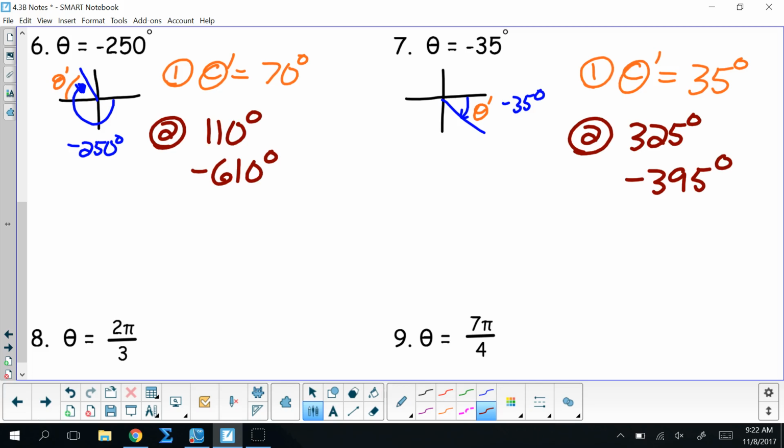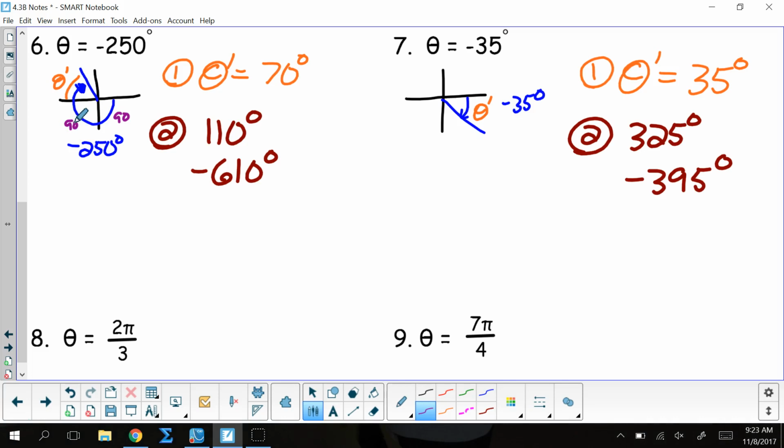Yes, ma'am? Can you go back to number 6 and explain theta prime? How you get 70? This part in here, agree with me where it's located. Okay? So then this part in here is 90 degrees, right? This part in here is 90 degrees, right?